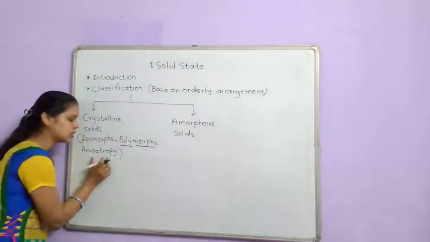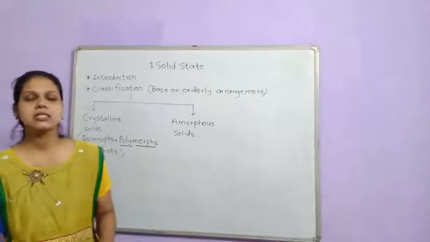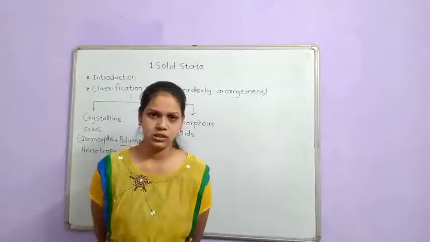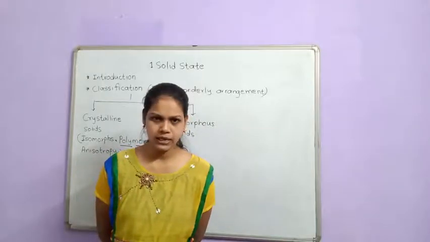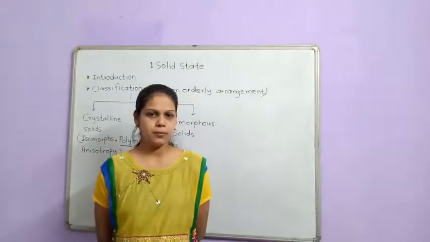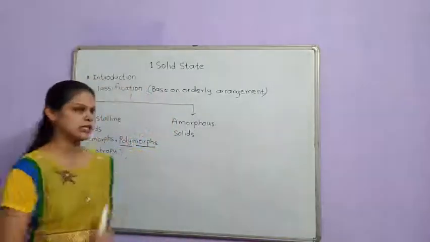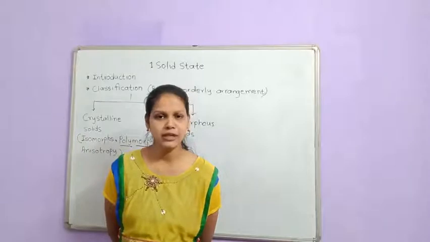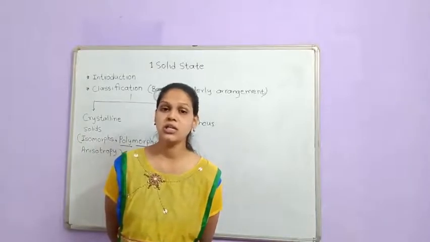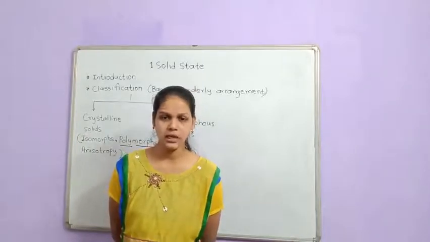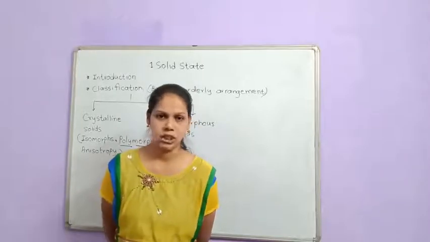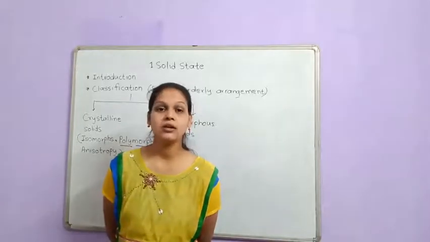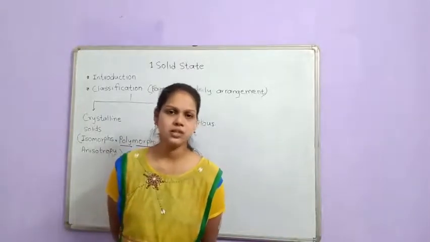Now we will move towards anisotropy. There are some physical properties like dielectric constant and refractive index. In crystalline solids, if you measure a single physical property in different directions, then you will get different values of the same physical quantity.